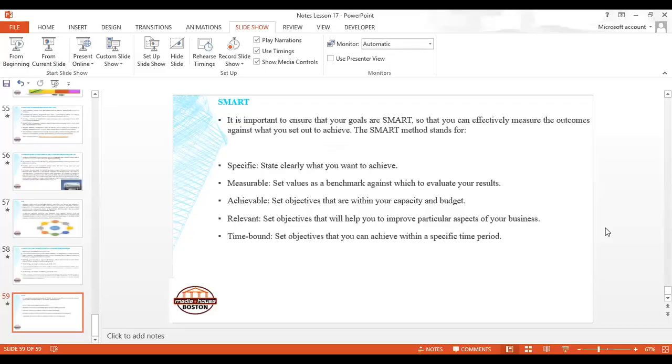Integrated marketing communication tools, the importance of the marketing communication mix, and how we can utilize and create a very unified message using all the marketing communication tools, and how it is important also to create your SMART goals, and they should be time-bound, meaning the objectives that we set should be achievable within a specific time period. So these are the things that we discussed in week 9, week 10, and week 11.